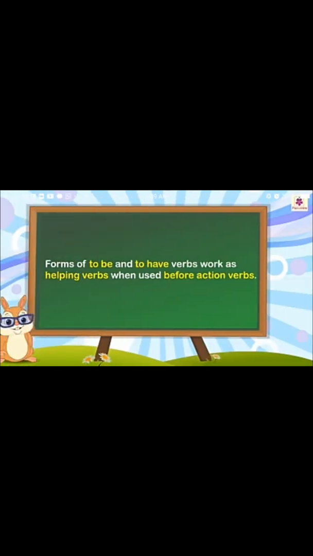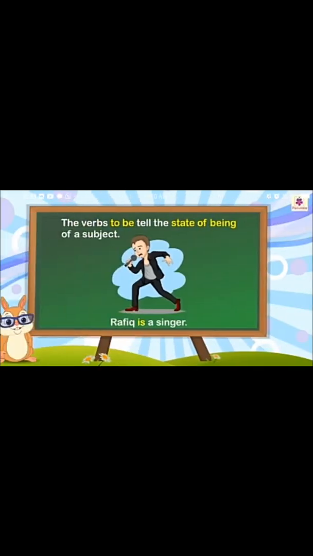Now forms of to be and to have verbs work as helping verbs when they are used before action verbs. So it is only these to be and to have verb forms that turn into helping verbs when they are put before action words. Let us see.